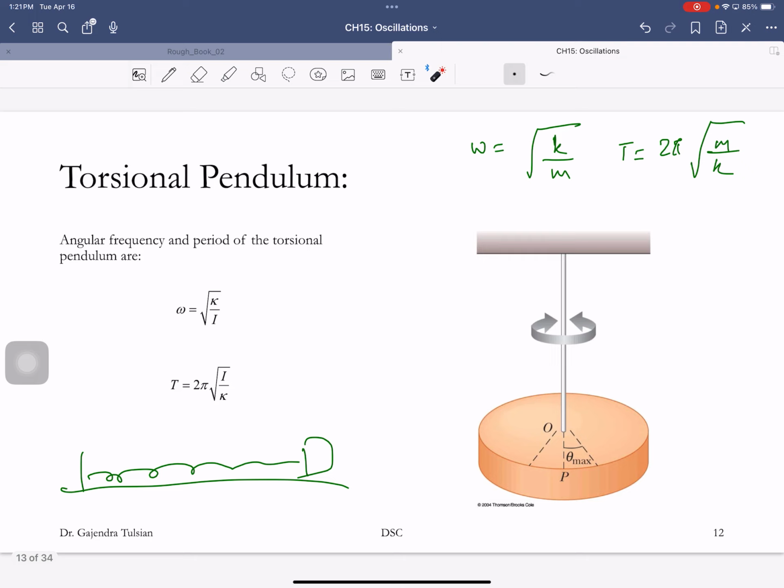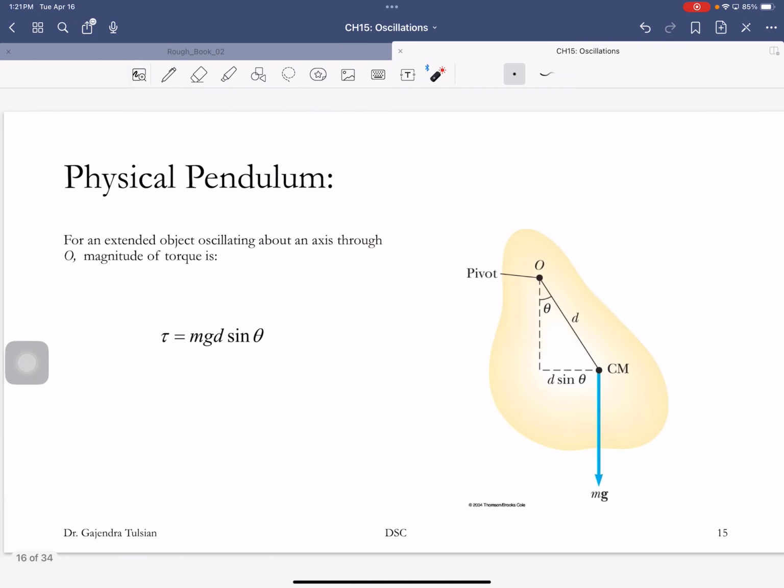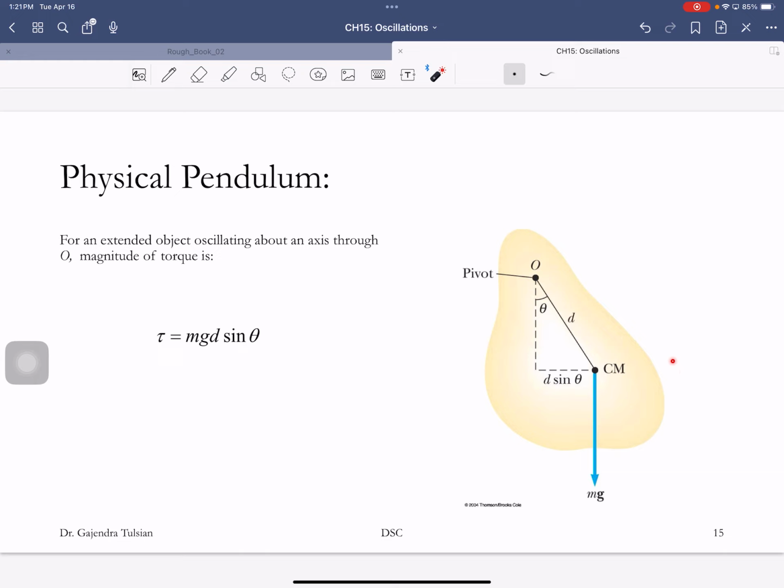Now let me introduce the other two cousins. You'll see that the behavior of this guy is also given by exactly the same differential equation. Here's a simple pendulum, and here's a physical pendulum. The behavior of this guy is also given by the same differential equation.